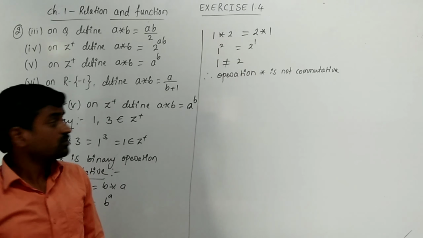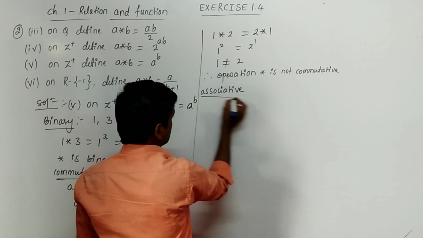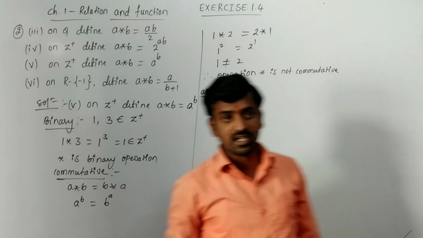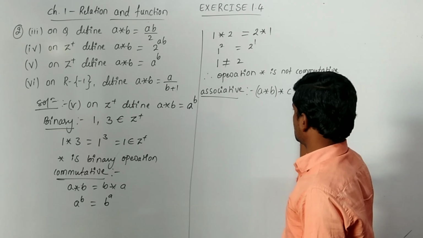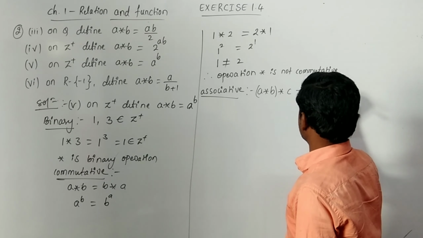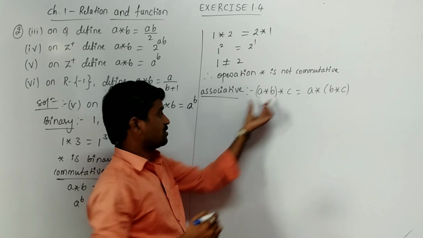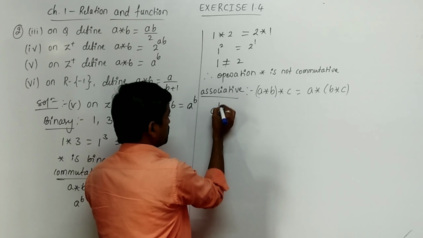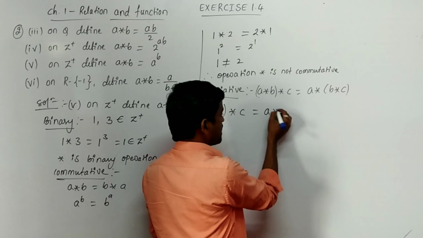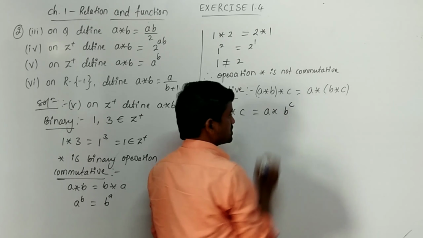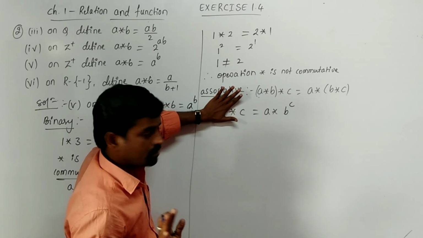Is star associative? Associative on positive integers means A star B star C equal to A star B star C. Here A star B is A to the power of B. B star C is B to the power of C. Again, this is one term.